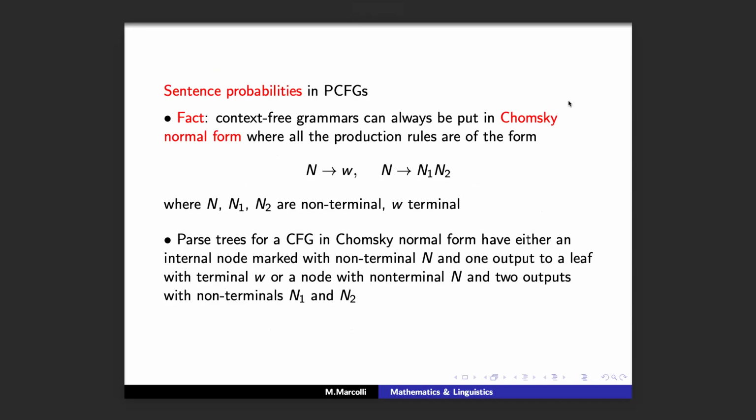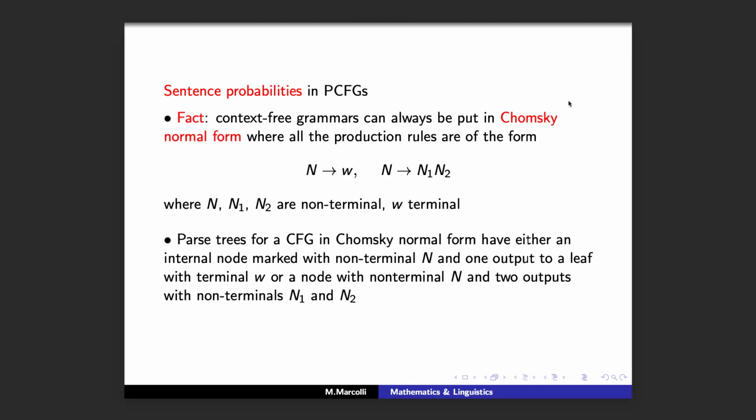Of course, it's difficult to say when two presentations are equivalent or not. But here there's a situation in which you always have a preferential form in which to put your presentation. This works for the context-free case, and it's called the Chomsky normal form. It means that all the production rules either replace a single non-terminal with a terminal, or replace a single non-terminal with a pair of non-terminals.